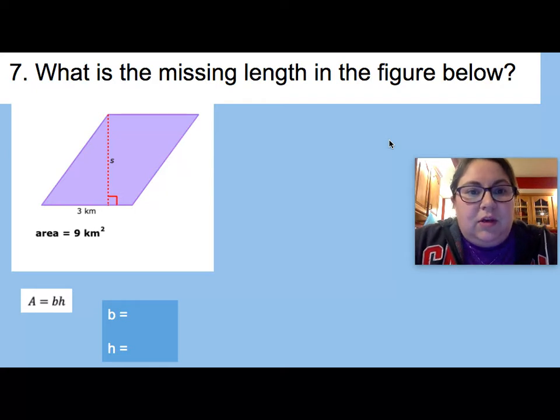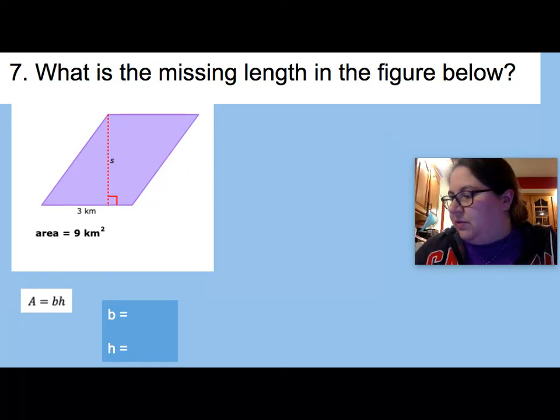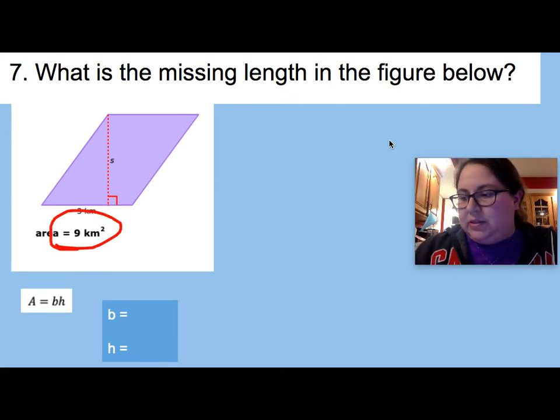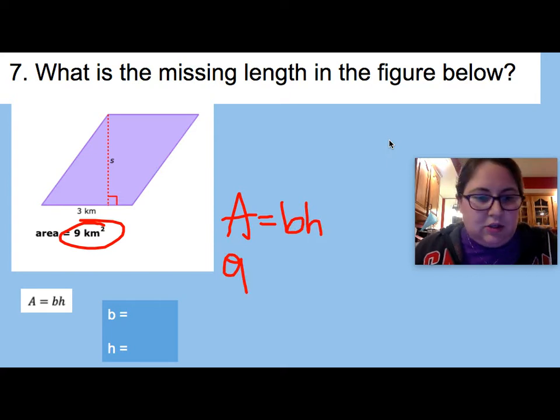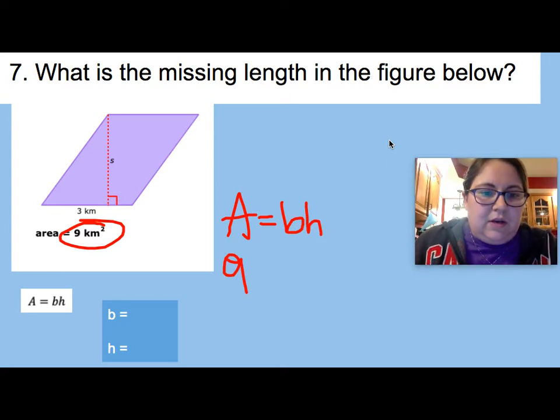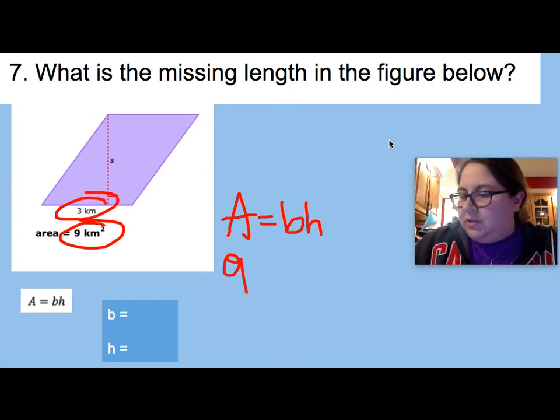Looking at this, we can go backwards again with the parallelogram formula. What's the missing length from this figure? What we know here is that the area is 9. If area is base times height, that means the 9 is going to go here for the area. We know the base is 3, but we don't know what the height is.